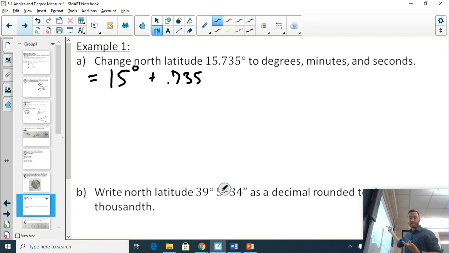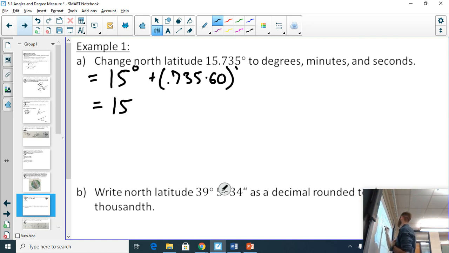So we're just going to do that to this 0.735. We are going to times it by 60. And that's going to turn into minutes. And just a little apostrophe is the notation for minutes. So that's going to be 15 degrees plus, and then 0.735 times 60 is 44.1.